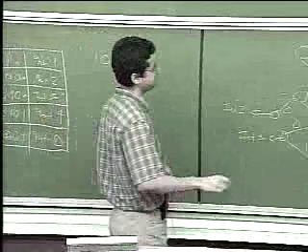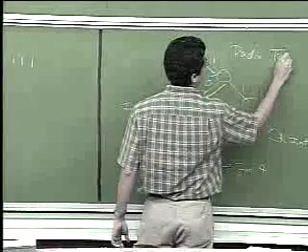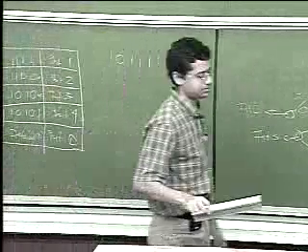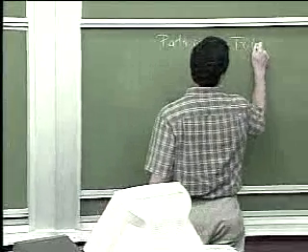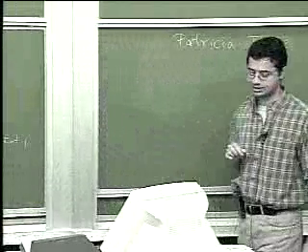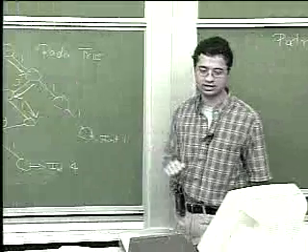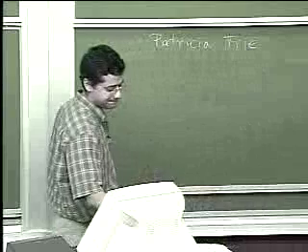So the basic tree is called a radix tree. There's something called a Patricia tree, which saves on space and also on the number of comparisons. So for the same routing table, I'll draw the Patricia tree.